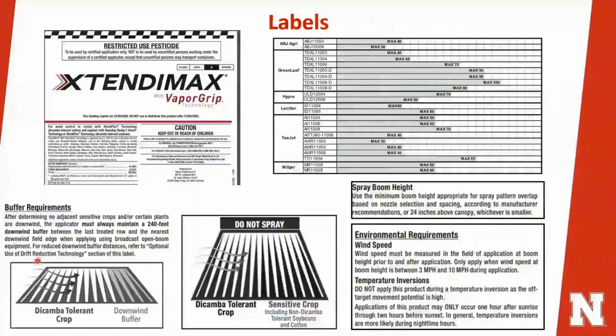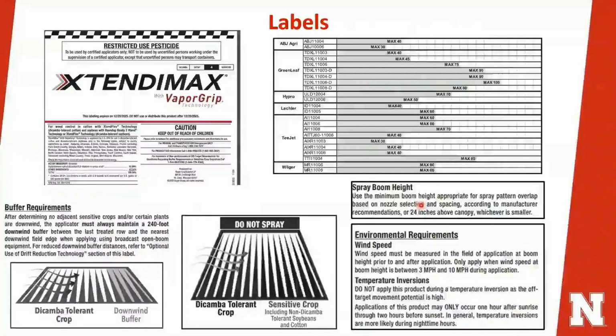For example, there are restrictions if we have a sensitive crop, so we cannot apply. We're talking here about sensitive beans or other crops. We have very detailed information about the nozzle selection, the operating pressure that we can use, and information regarding the boom height.